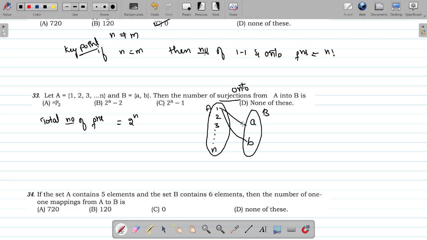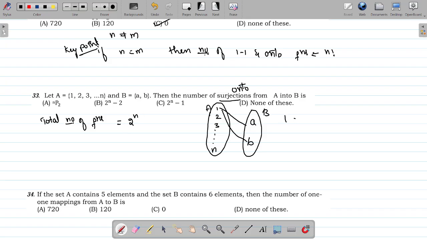Either it can be mapped with a or it can be mapped with b. Similarly, 2 can be mapped with a or b. Similarly, 3 can be mapped with a or b. So each element in the set A has 2 choices to get mapped with the elements of B. That's why we get 2 power n as the total number of functions.